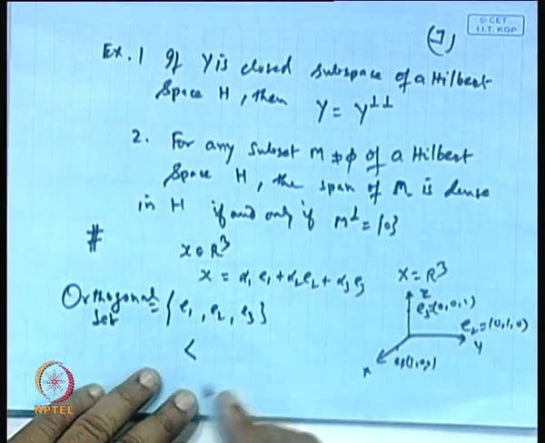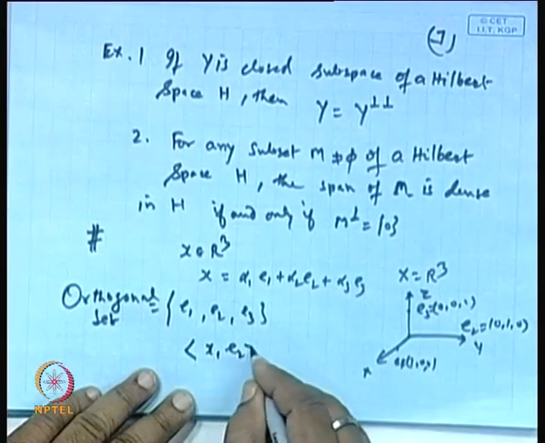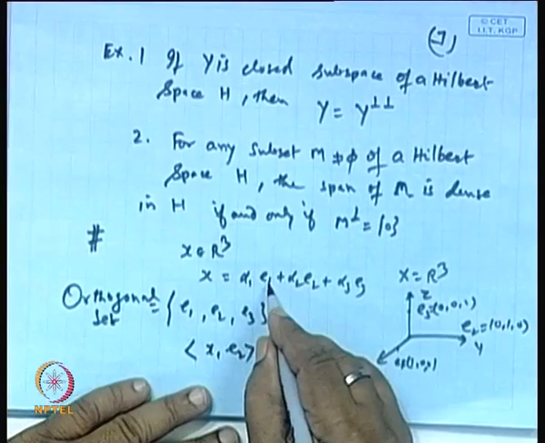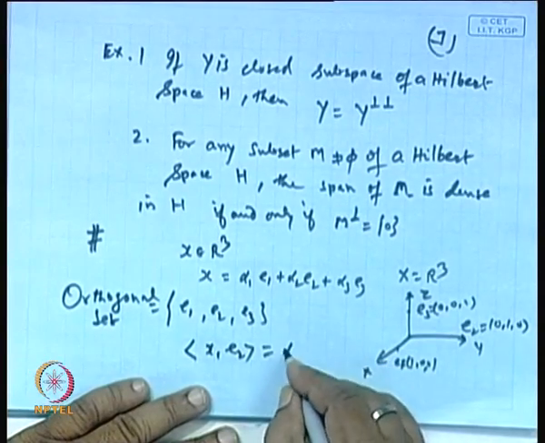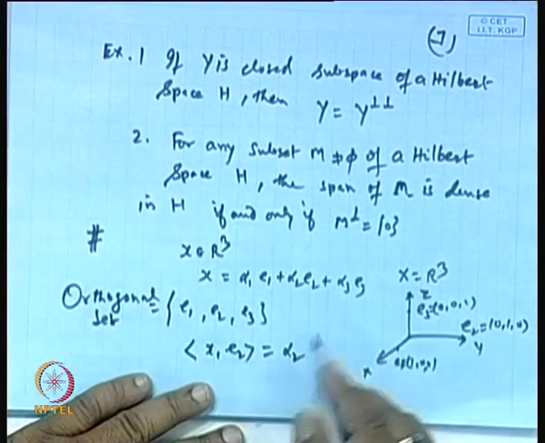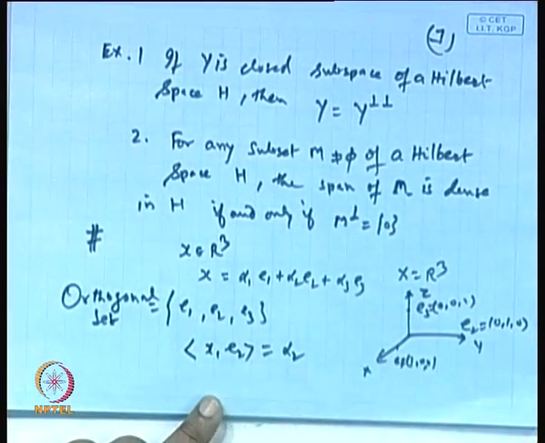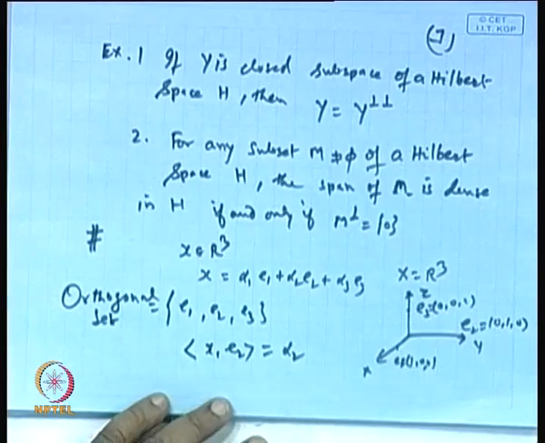Suppose I am interested in alpha 2, take the inner product with E 2. What happens is, alpha 1 inner product of E 1 E 2 will be 0, alpha 2 inner product of E 2 E 2 will be 1 and the rest will be 0. So, without any effort you can just find the constants alpha 1, alpha 2.